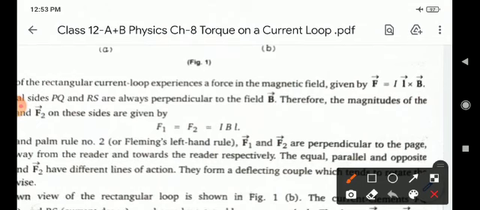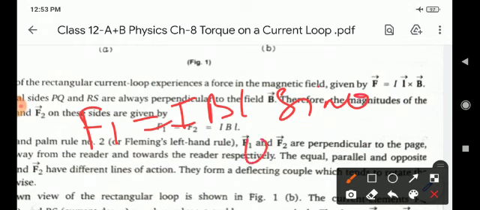Children, F1 is equal to IBL sin theta and here theta is equal to 90 degrees, that is IBL sin 90, that is 1.